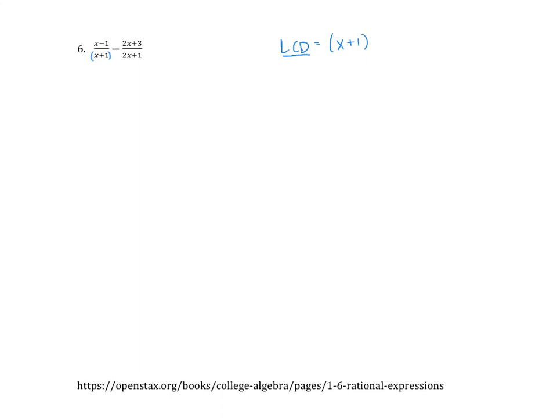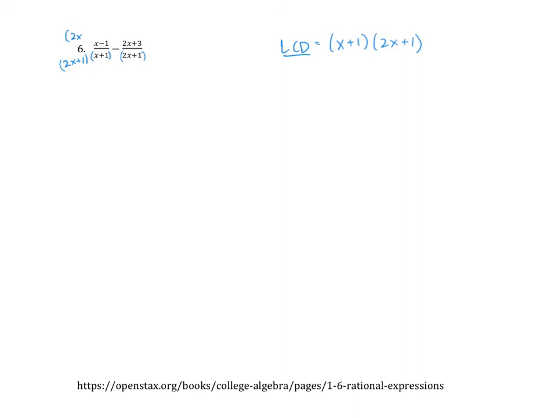The second denominator, this is an entire factor, is 2x plus 1. So the LCD is just going to be multiplying those two things together. If I do that, the first fraction's denominator has the x plus 1, but it's missing the 2x plus 1. So I need to multiply this one by 2x plus 1.